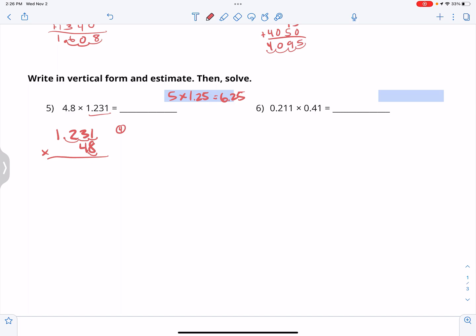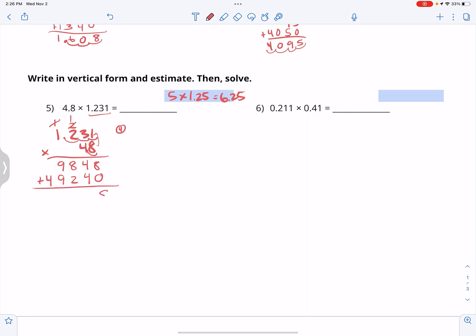Let's multiply. 8 times 1 is 8. 8 times 3 is 24. 8 times 2 is 16, plus 2 is 18. 8 times 1 is 8, plus 1 is 9. 4 times 1 is 4. 4 times 3 is 12. 4 times 2 is 8, plus 1 is 9. And 4 times 1 is 4.